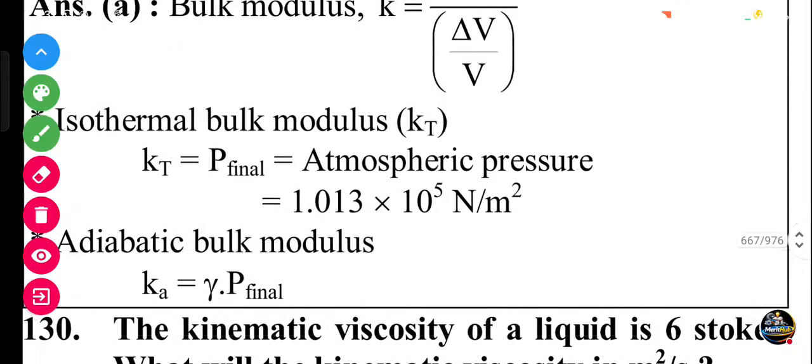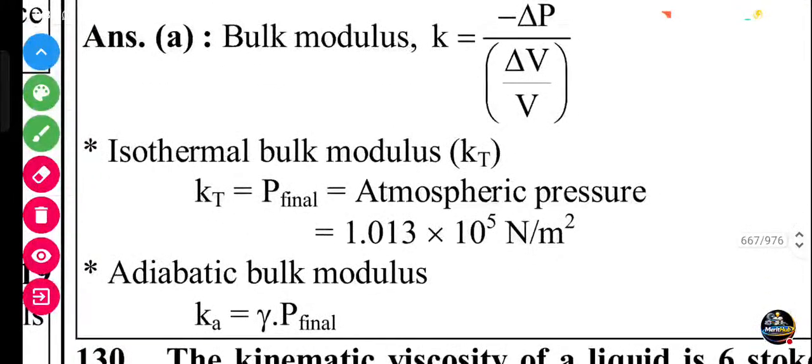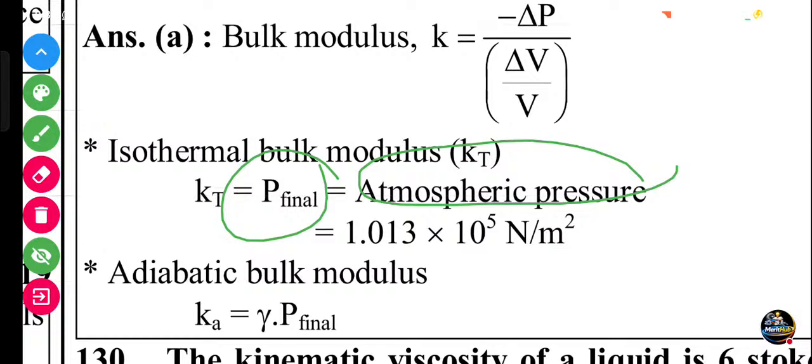Remember it: the isothermal bulk modulus is equal to the atmospheric pressure, 101,325 Pascal, or 1.013 into 10 to the 5 Newton per meter square. For an adiabatic process, the bulk modulus equals the ratio of specific heats times the pressure.